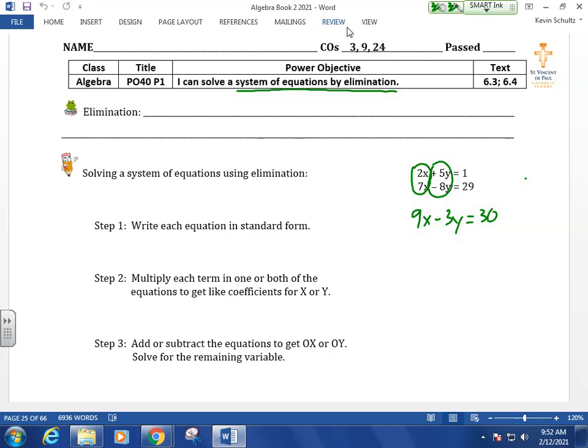But the problem with this is what? Writing this as one equation, doing what I did, what's the problem here? Gino? One is addition, one is subtraction. Not so much that. We can work around that.